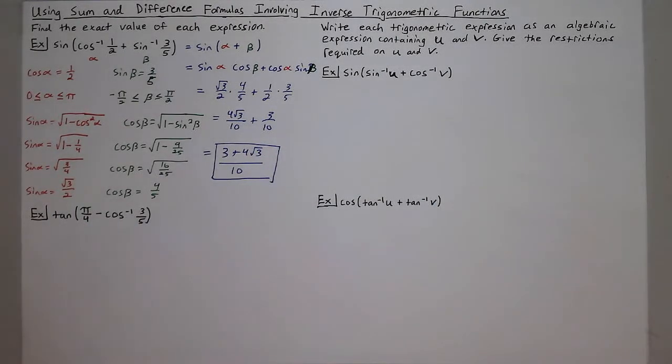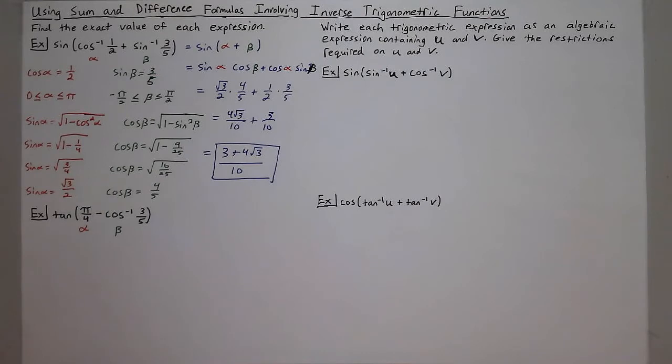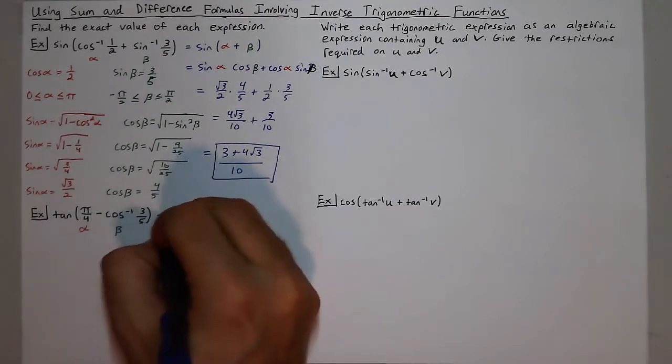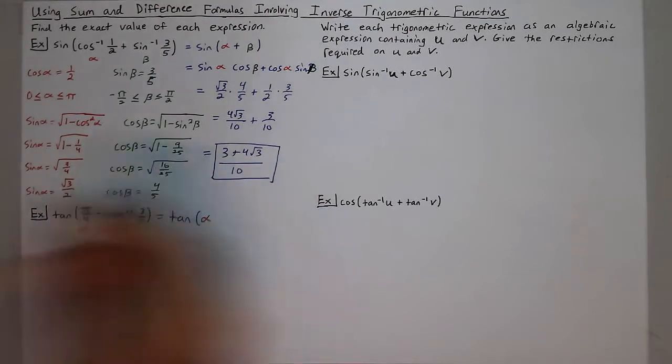Again, I can think of pi over 4 as my alpha, and my cosine inverse of 3/5 as my beta. Meaning this can be rewritten as tangent of alpha minus beta.